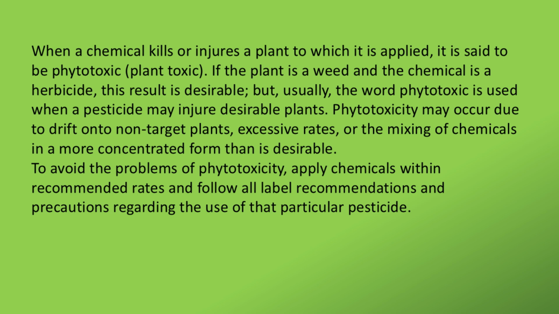Phytotoxicity may occur due to drift onto non-target plants, excessive rates, or the mixing of chemicals in a more concentrated form than is desirable. To avoid the problems of phytotoxicity, apply chemicals within recommended rates and follow all label recommendations and precautions regarding the use of that particular pesticide.